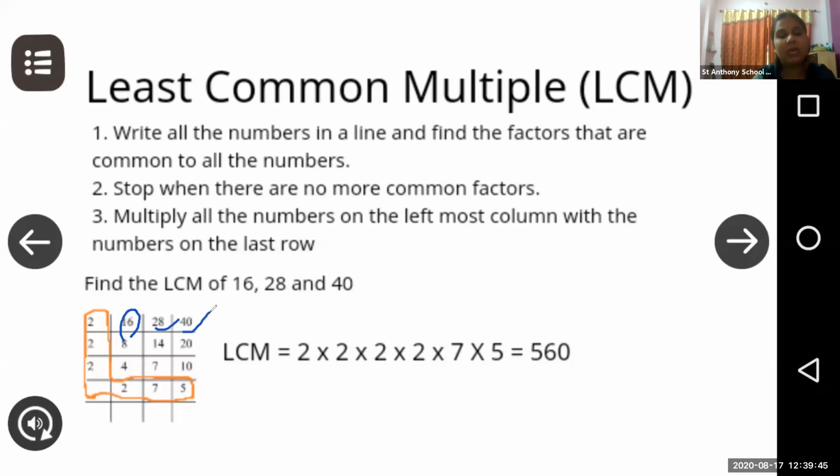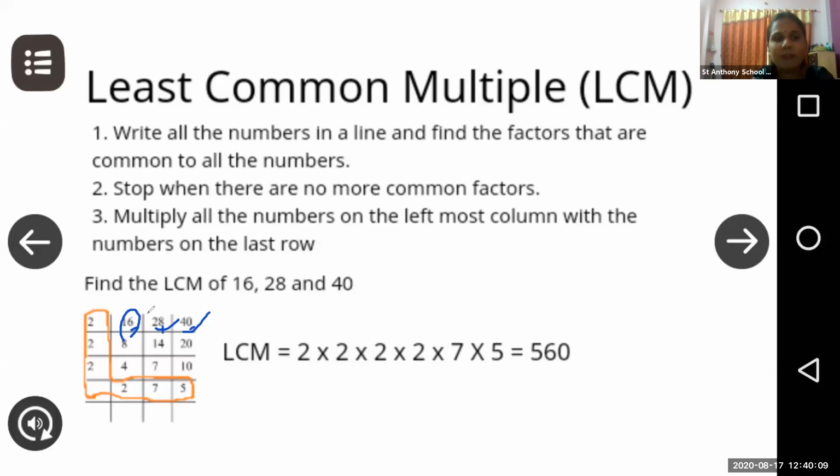If we have to find it, what are we going to do? We will first see the number at the unit place. What is the number at the unit place of 16? It is 6. Of 28? It is 8. Of 40? It is 0.